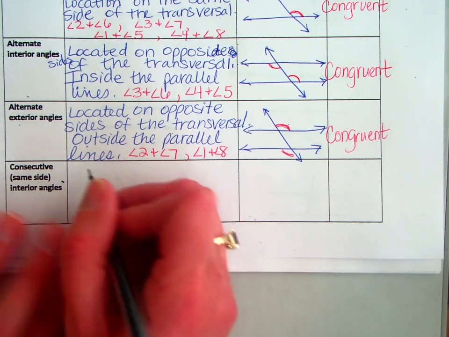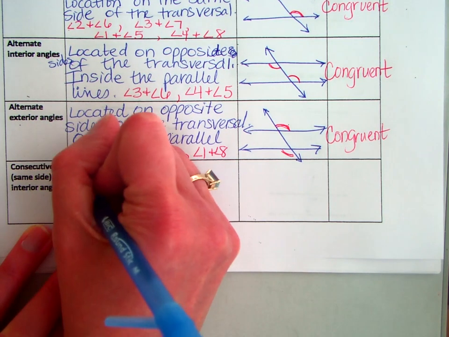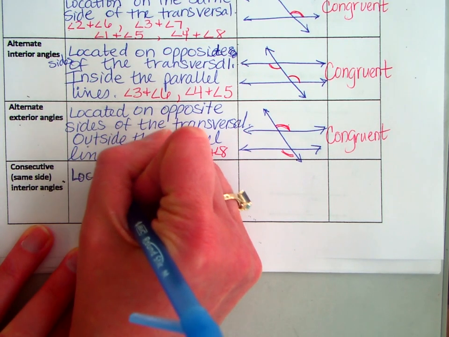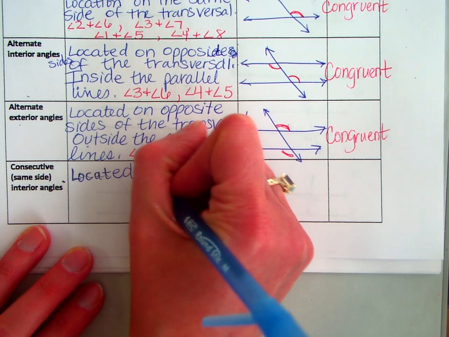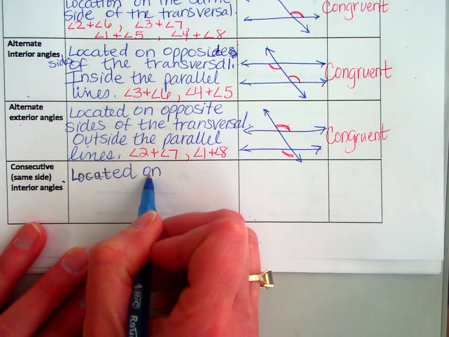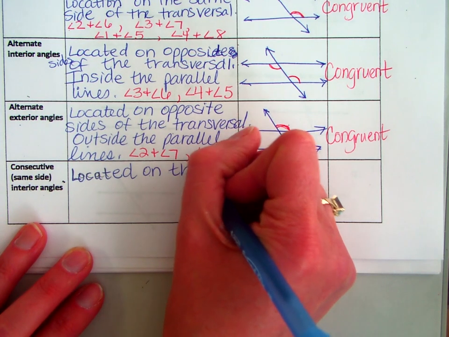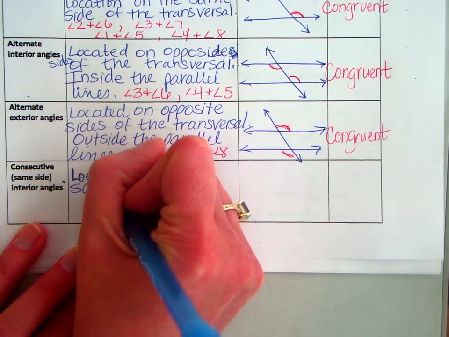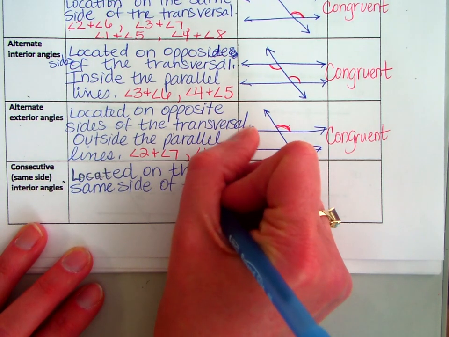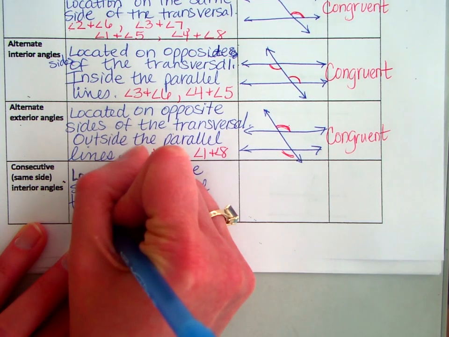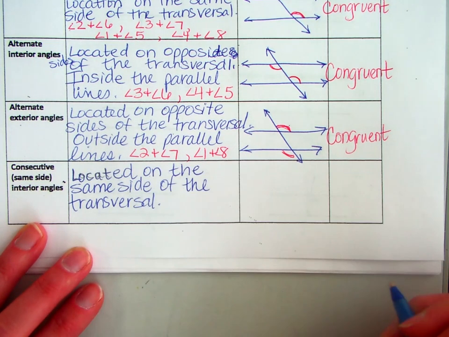So they're located this time on the same side of the transversal. And because it has that word interior, they're going to be inside the parallel lines.